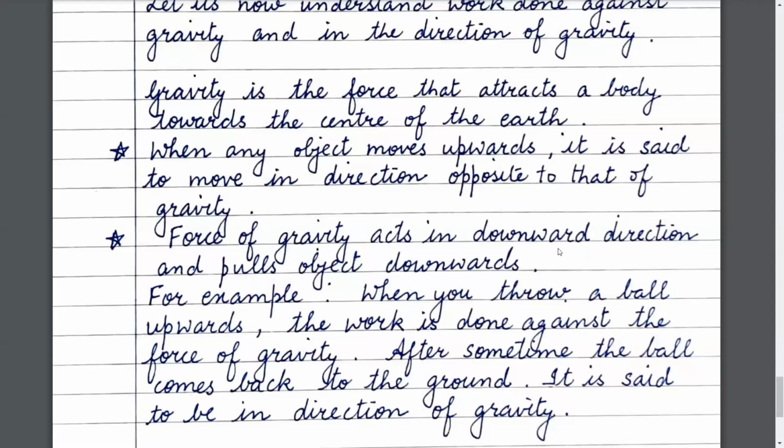The force of gravity acts in a downward direction and pulls objects downwards. For example, when you throw a ball upwards, the work is done against the force of gravity. After some time, the ball comes back to the ground. It is said to be in the direction of gravity.